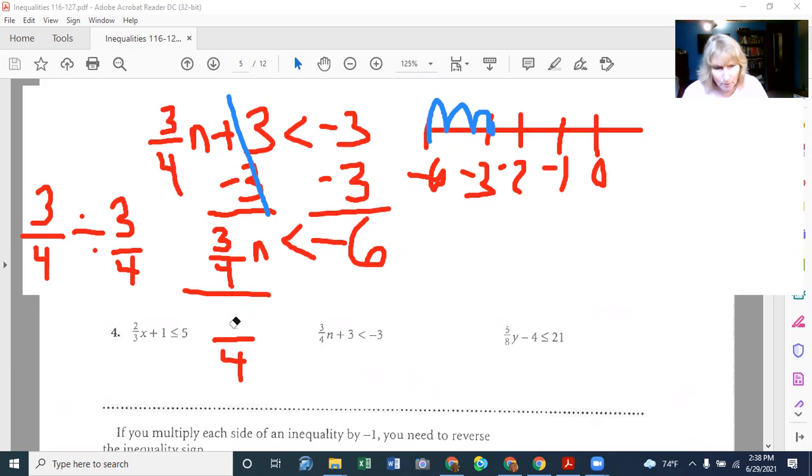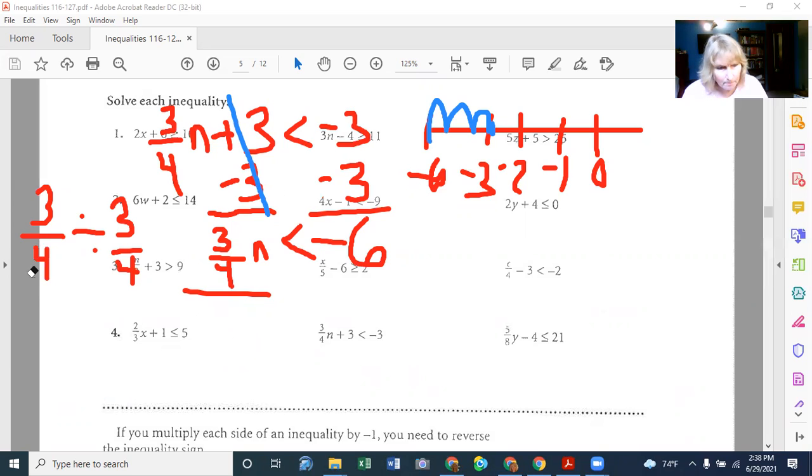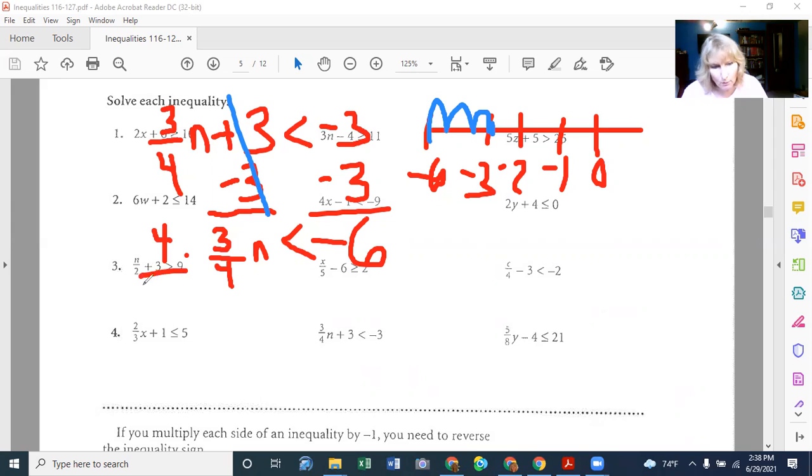I'm going to just multiply by the reciprocal, 4/3, because that's what I'm doing anyway. So I'm eliminating all those extra steps in my head, and I'm just multiplying by the reciprocal. So if I multiply by the reciprocal on the left side, I'm going to multiply by the reciprocal on the right side.